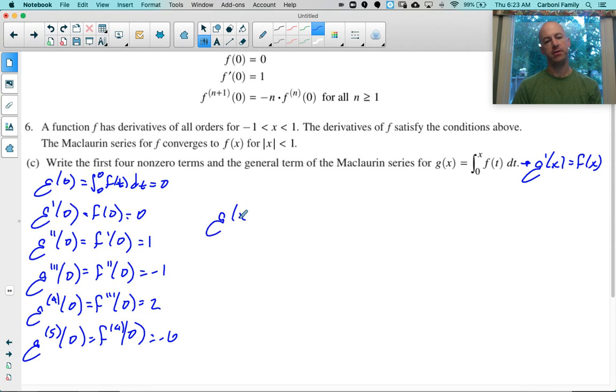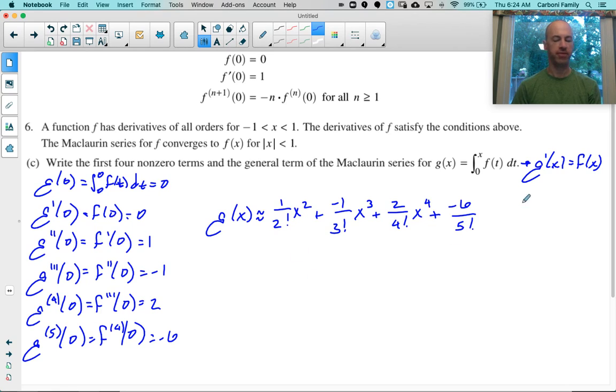So my g(x) is going to be approximately g'', which is 1 over 2 factorial times x squared, plus a negative 1, and this is my third derivative of g, over 3 factorial x cubed, plus 2 over 4 factorial x to the fourth, minus 6, or plus a negative 6, over 5 factorial, because that was my fifth derivative of g, x to the fifth.